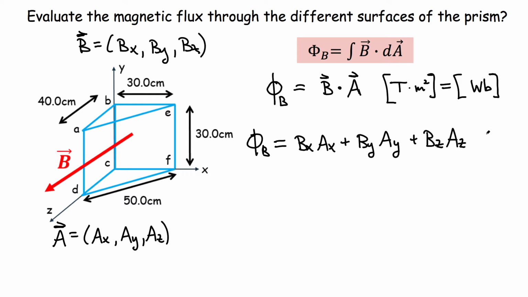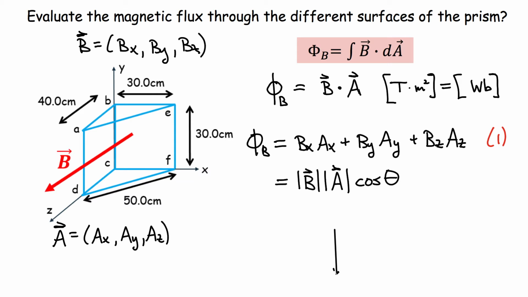I'm going to call this method one. The second method that you can use to evaluate any scalar product between two vectors is to take the magnitude of the first vector, B, multiply it by the magnitude of the second vector, and then also multiply it by cos of theta, where theta is the angle between both of those vectors.